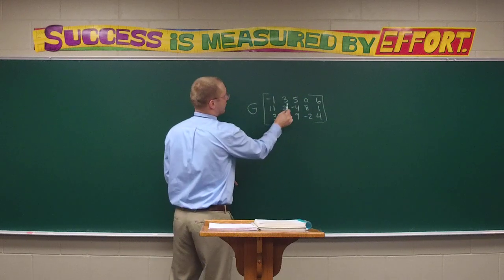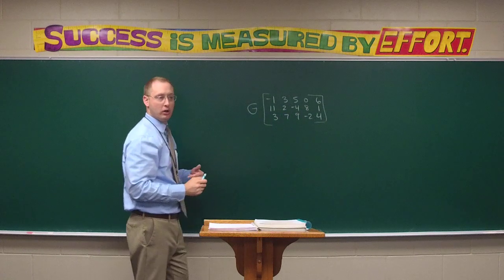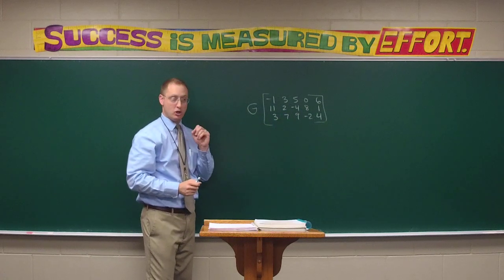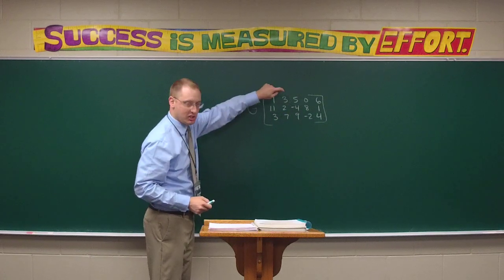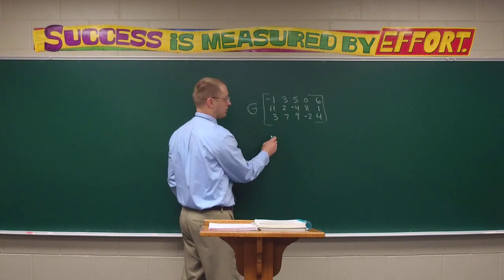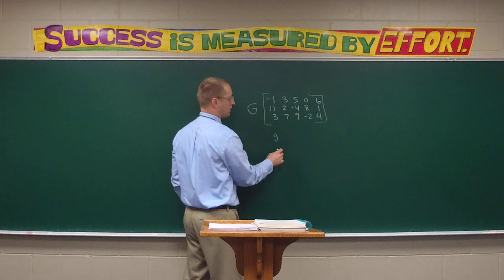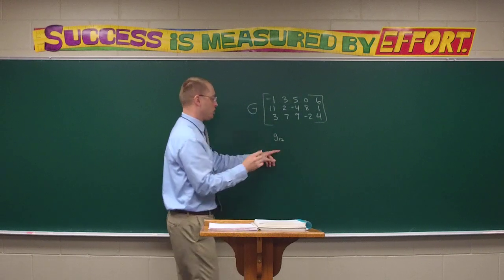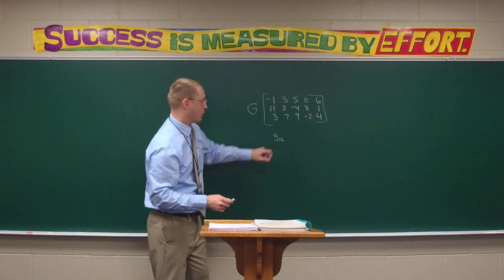So this value here is in row 1, column 2. What's the name of this particular 3? G1,2. You do the row location, then the column location.